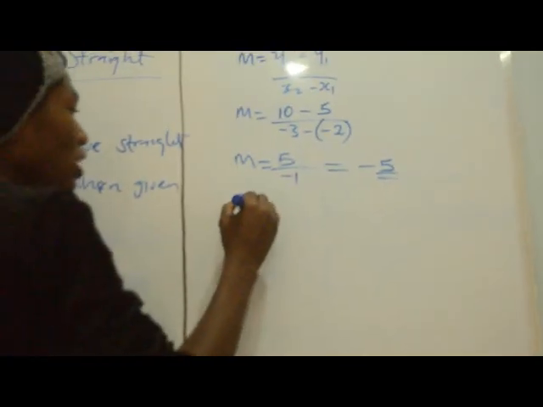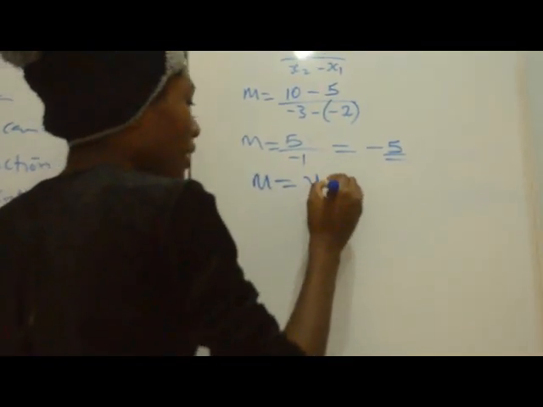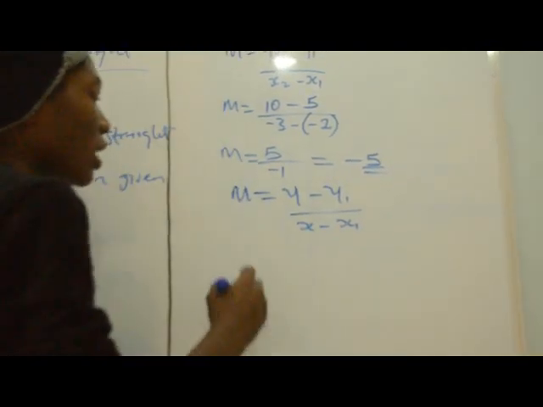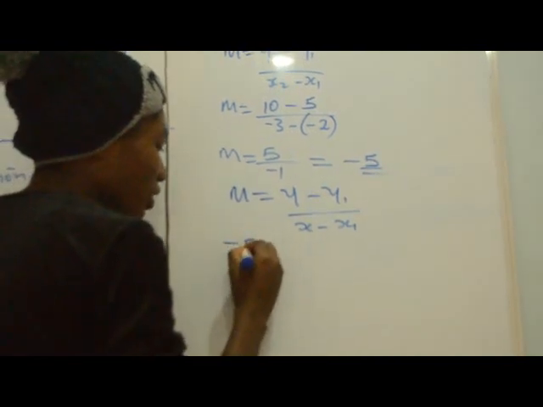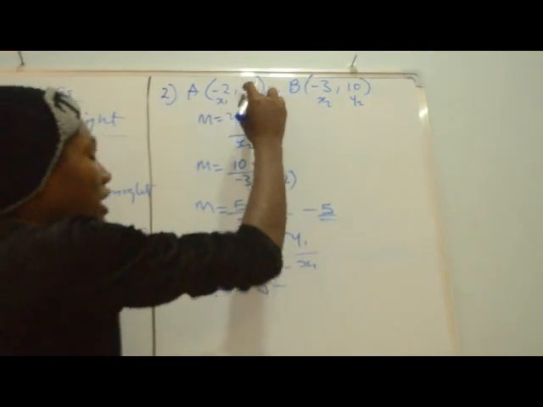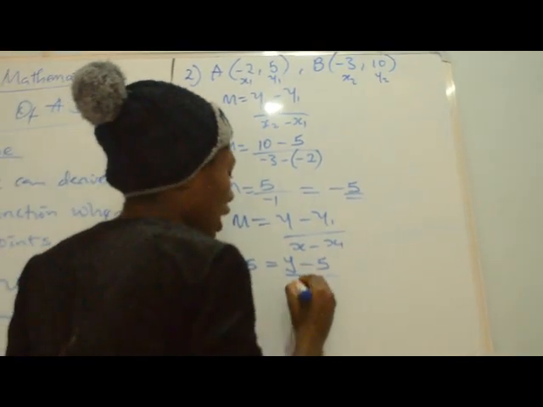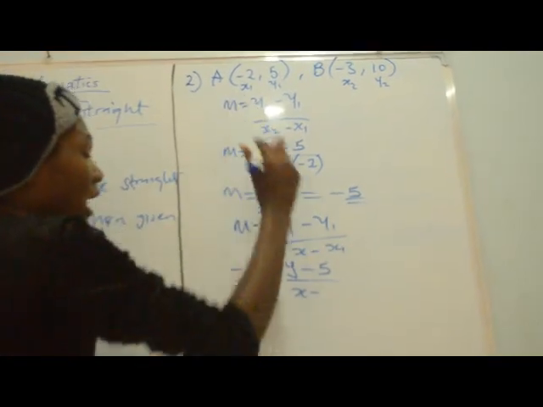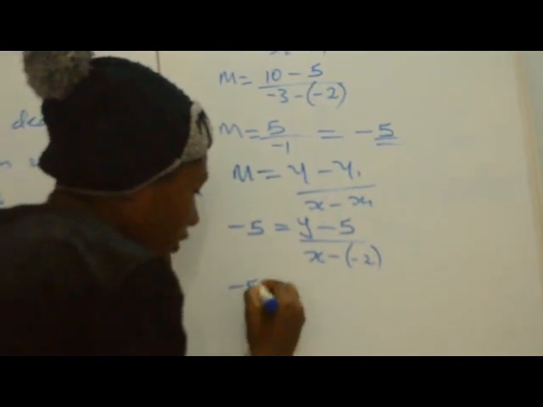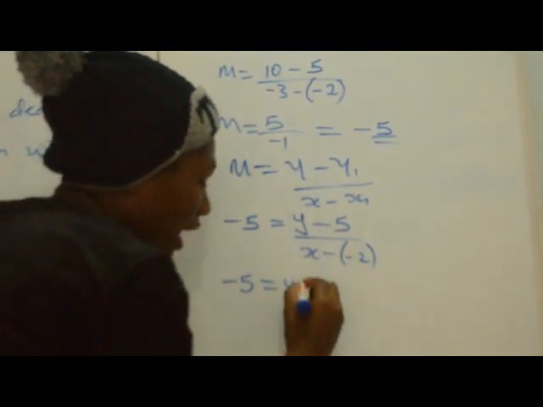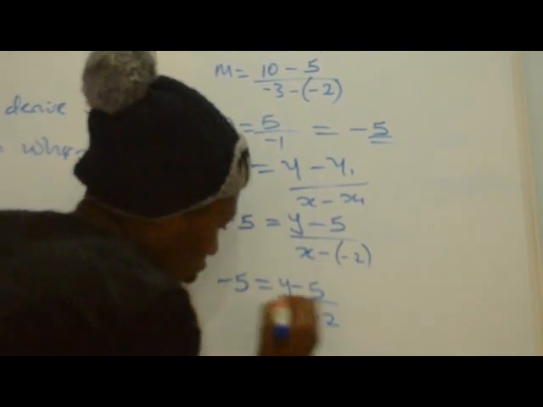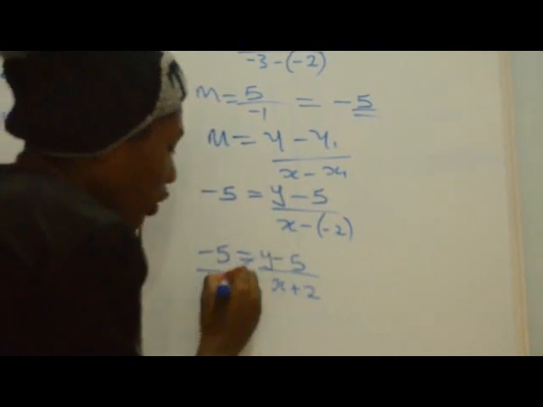Our gradient here, minus 5, is equal to y minus y1, where y1 from here is 5, over x minus x1, where x1 from here is minus 2. So let's solve. We have minus 5 is equal to y minus 5 over x, minus minus will become plus, x plus 2. And this is also over 1. So we can cross multiply.